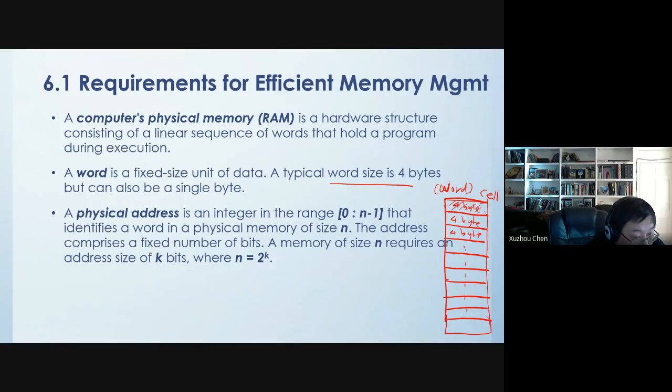And then each word has a logical location. These are the location numbers 0, 1, 2, 3, 4, 5, depending on how big the memory is going to be. It could be 2 million, the last one.